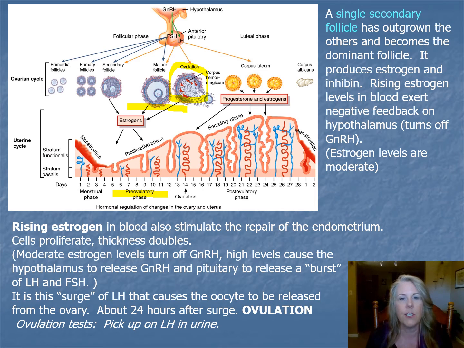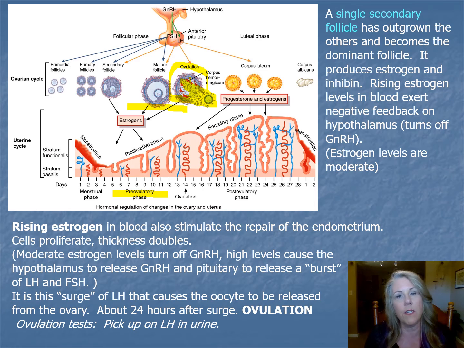Okay, this surge of luteinizing hormone causes the oocyte to be released from the ovary. All right, so where are we now? We are here, right, for ovulation. It is that surge of LH into the blood, hitting its target, and its target is going to be the ovaries.